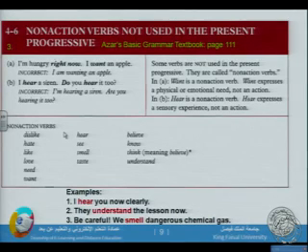Okay, such verbs we call non-action verbs. Non-action verbs, like what? Dislike. I can't say I am disliking. I hate, I am hating, this is wrong. Or I am liking, I am loving right now, I am needing, I am wanting.